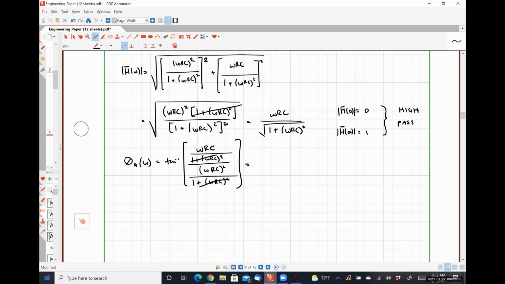Our denominators cancel each other out, and we get the inverse tangent of 1 over omega RC. So that's how this RC high pass filter behaves.